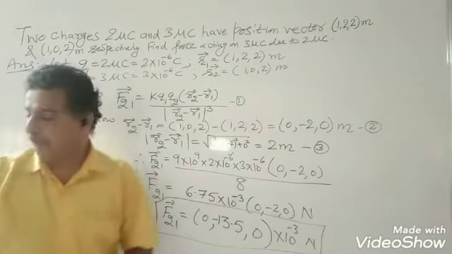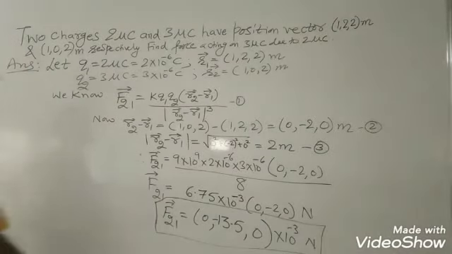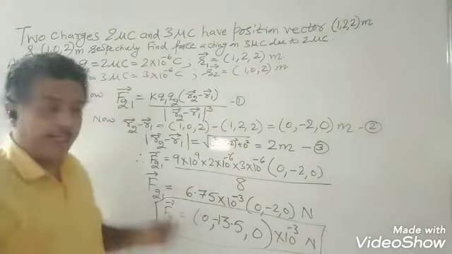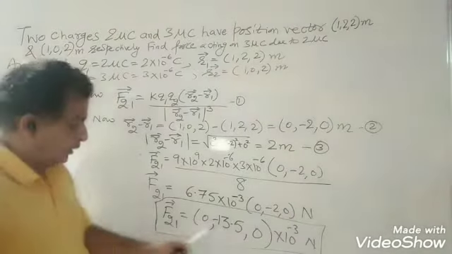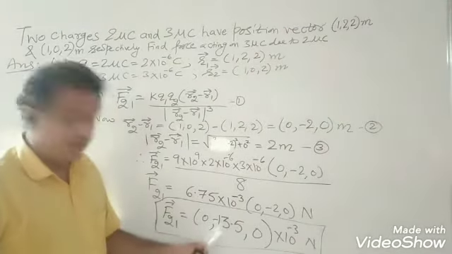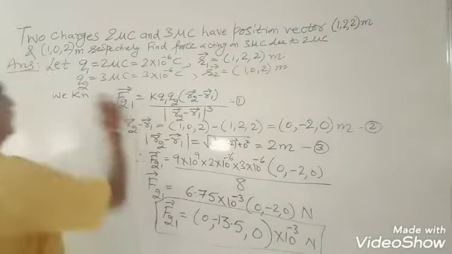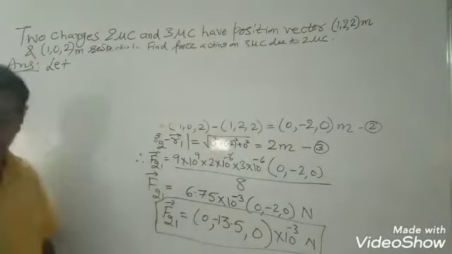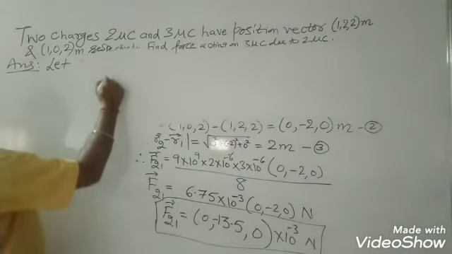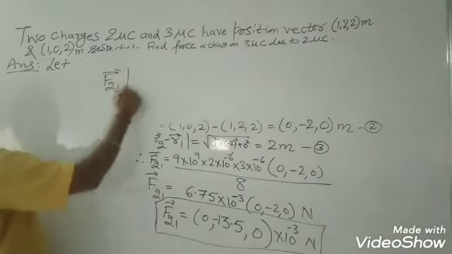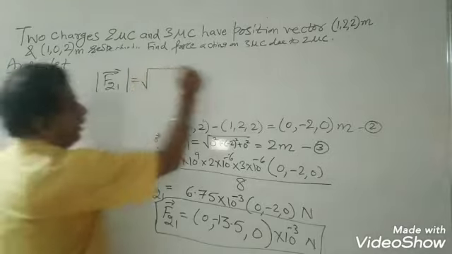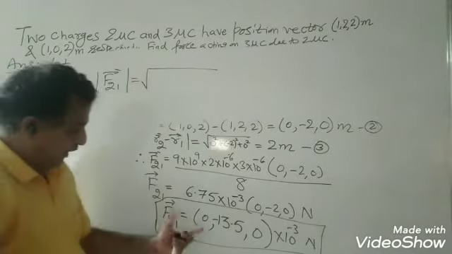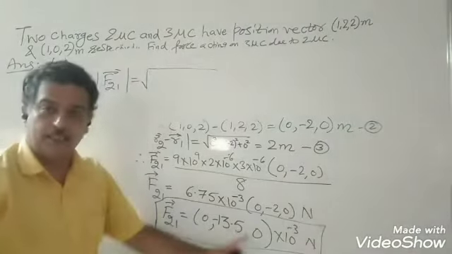Now moving one step forward, we can also find out its magnitude. This is clearly the force acting along the negative y-axis. Now we can also find out the magnitude of F21. So mod of F21 is equal to under root. It is again very easy because two coordinates are 0.